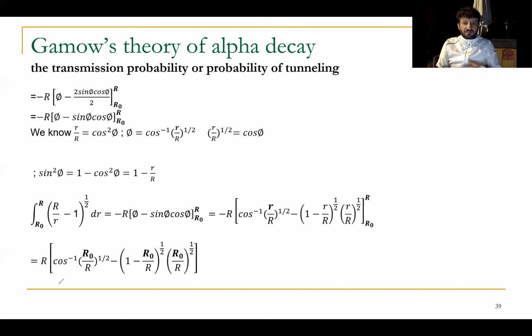Here, I just want to simplify. Here we have the limit. We can solve it. Okay, you can do it easily. You just put small r by capital R minus R0. Okay, if you solve it, you arrive to this one.